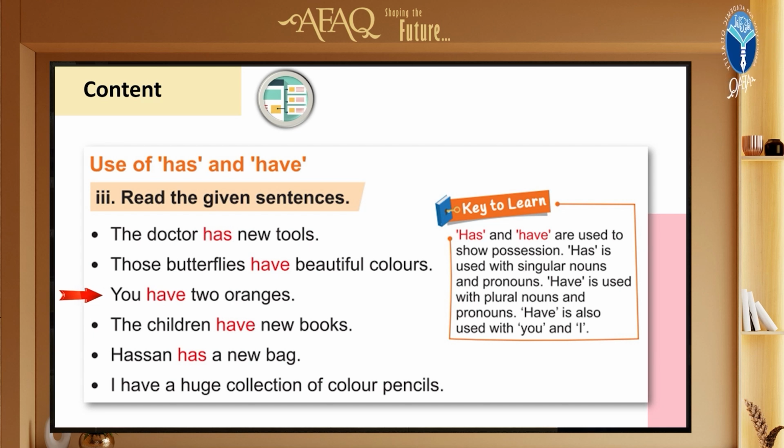So with you, we use the word have. The children have new books. Again, children is a plural word. Hassan has a new bag. Hassan is a singular noun, so we use has with that. I have a huge collection of color pencils. We are using I, so here we have used have.